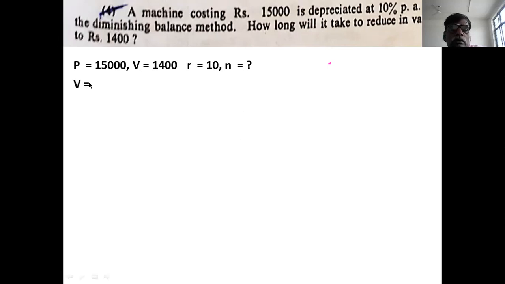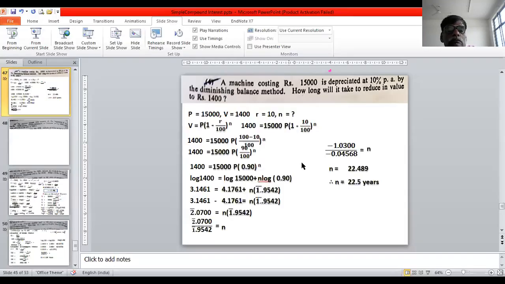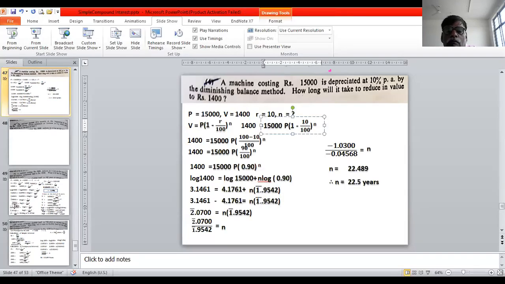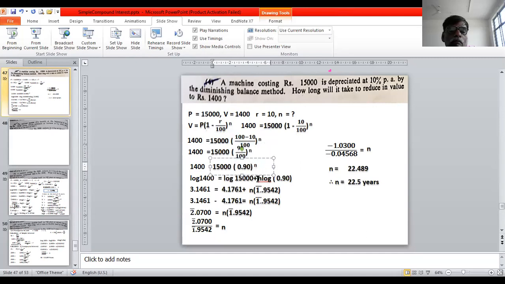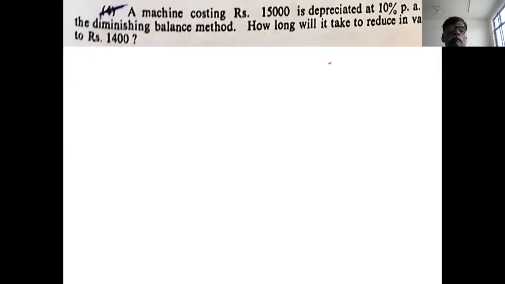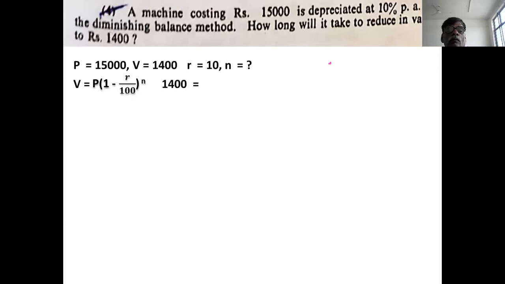We will solve this. So V is equal to P in the bracket 1 minus R by 100 raised to n. So 1,400 is equal to 15,000 in the bracket 1 minus 10 by 100 raised to n.